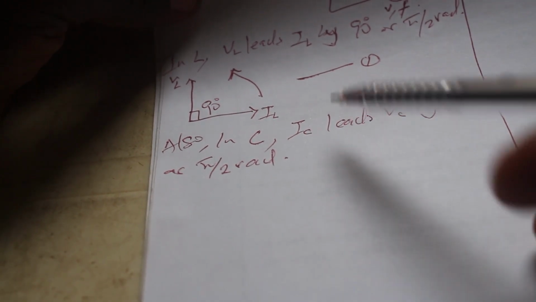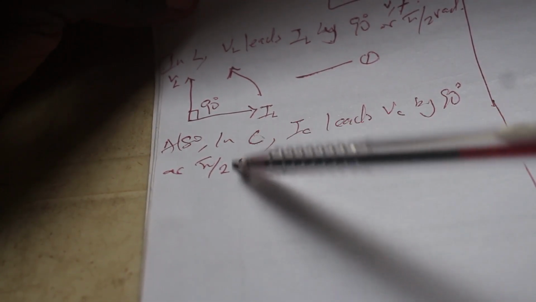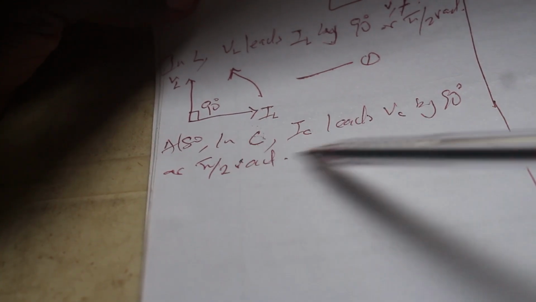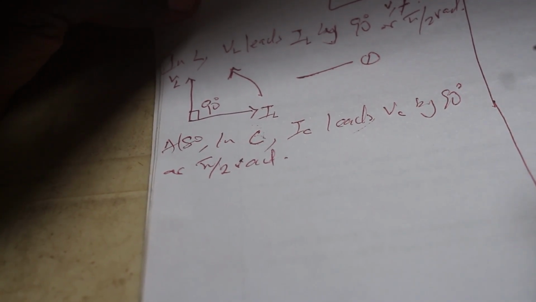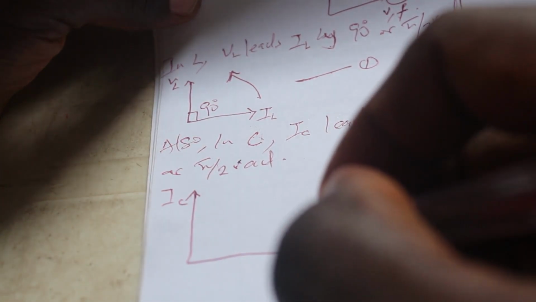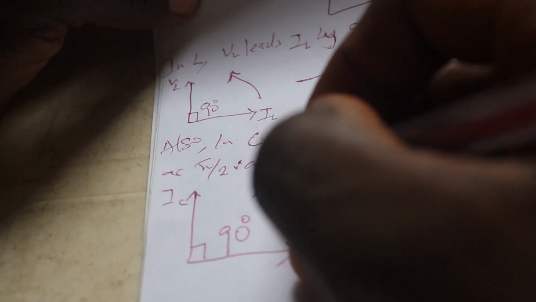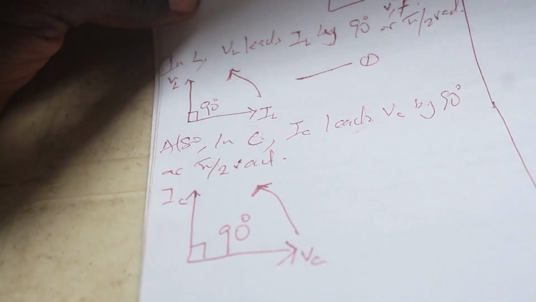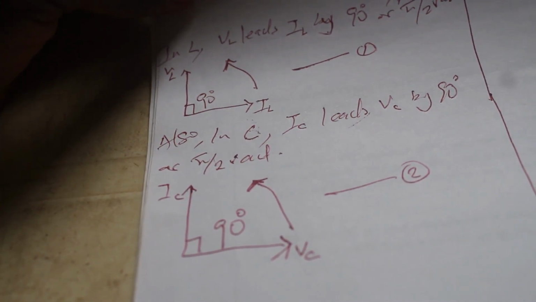If you use a vector diagram to illustrate this, the current in the capacitor will lead the voltage in the capacitor by 90 degrees. Again, this will be true only if you take your direction this way. So we call this vector diagram 2.